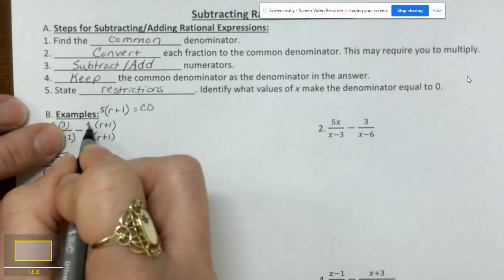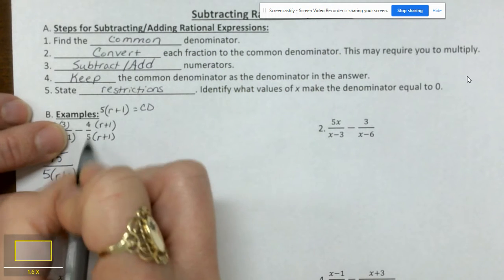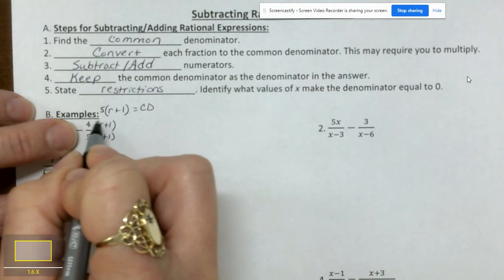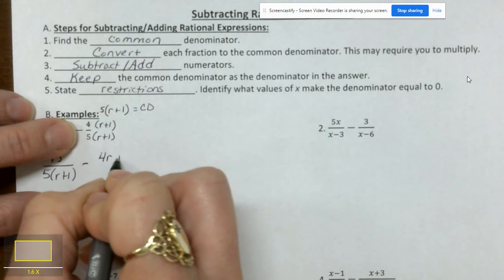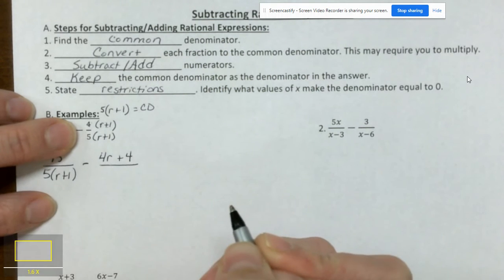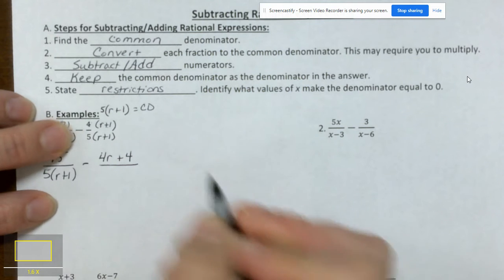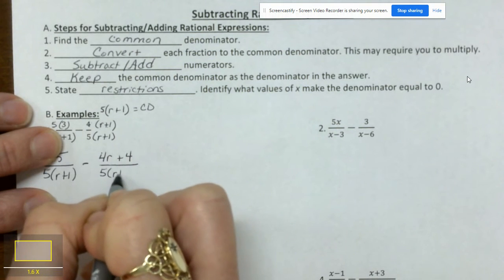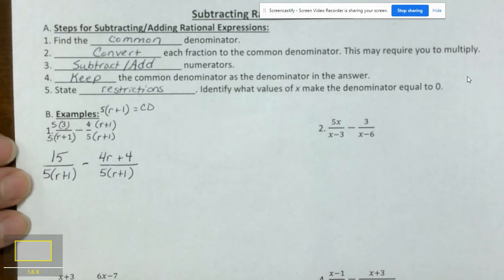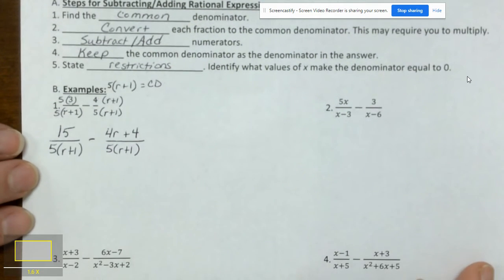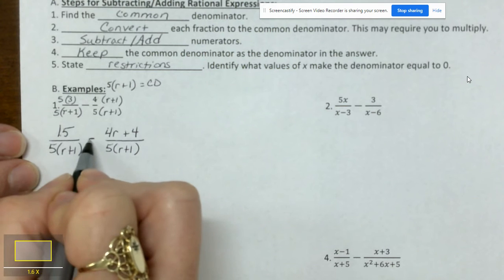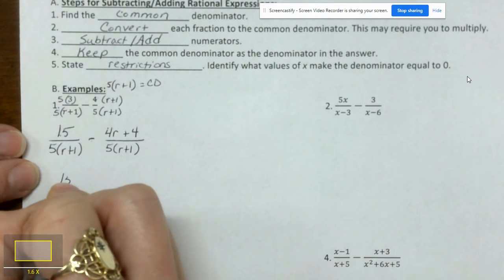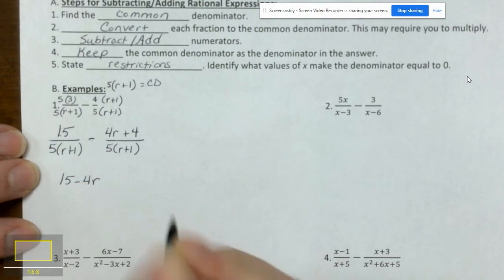Now, you've got to be careful here. So this minus, now we're going to distribute. 4 times r is 4r. And 4 times 1, that's 4. Over, we still have our common denominator, 5 times r plus 1. Now when you subtract here, you're going to have to be careful. So 15 minus 4r.